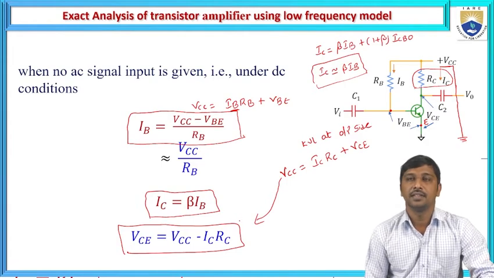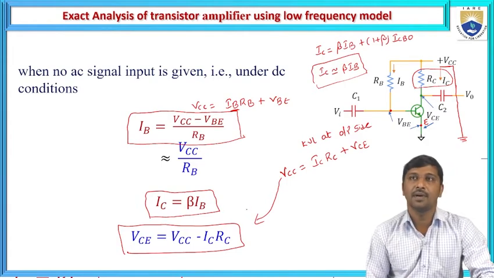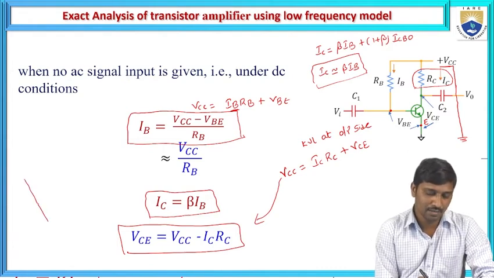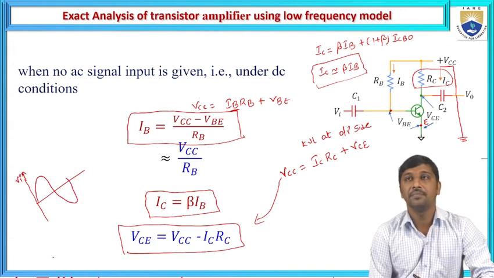Now let us consider the input signal passing through this amplifier network. Let us consider the given input signal is a sinusoidal signal, and let us assume that this is the VI.